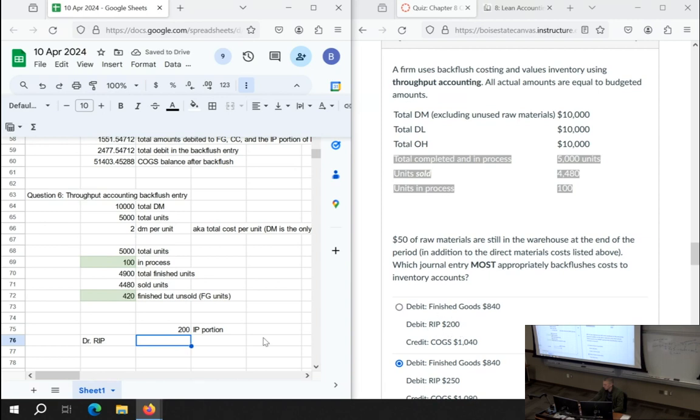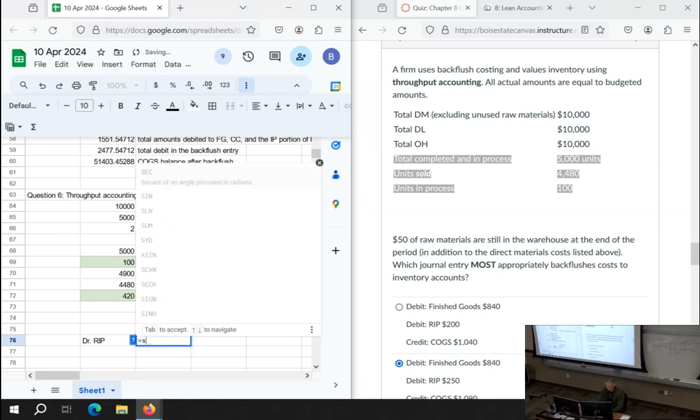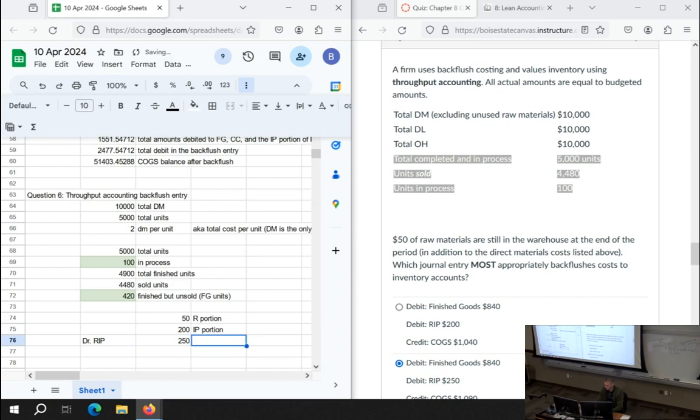That's just the WIP portion, though, apparently, because we also have $50 of raw materials, the portion of RIP. So our debit to RIP is $250. Our debit to finished goods is that $2 per unit times the number of units that are finished but unsold, 840.